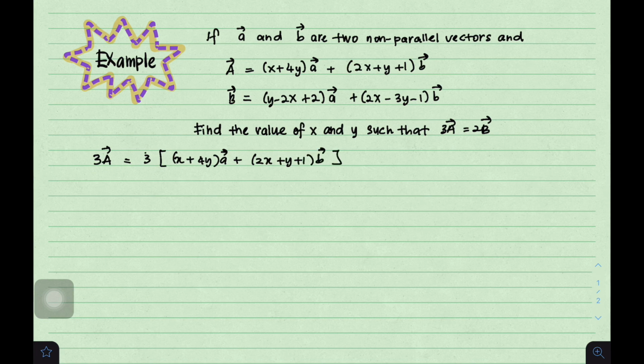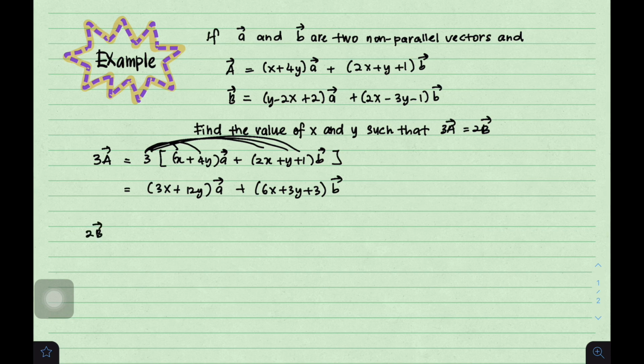Okay, so 3 ni kita akan darab dekat sini, darab sini, lepas tu darab dekat sini, darab sini, darab sini. So apa awak akan dapat adalah (3x tambah 12y)a tambah dengan (6x tambah 3y tambah 3)b. So ini adalah 3A.